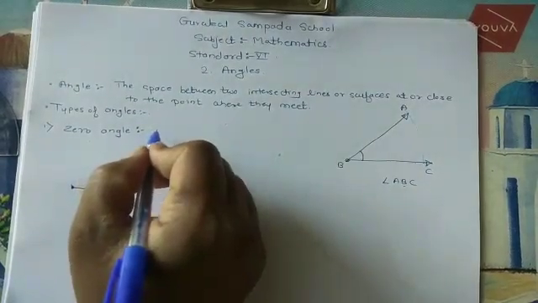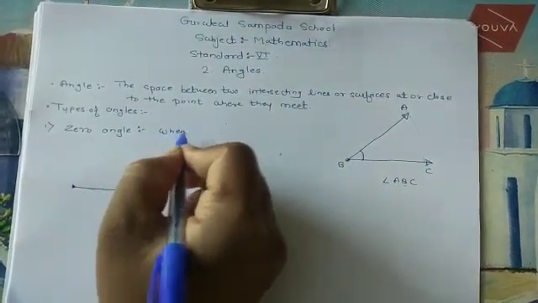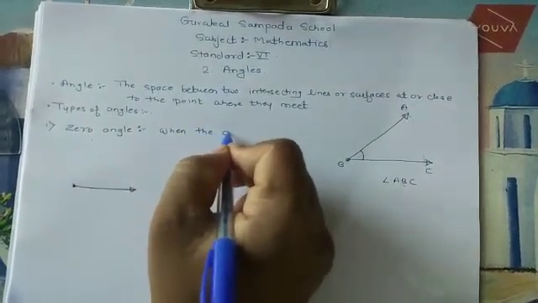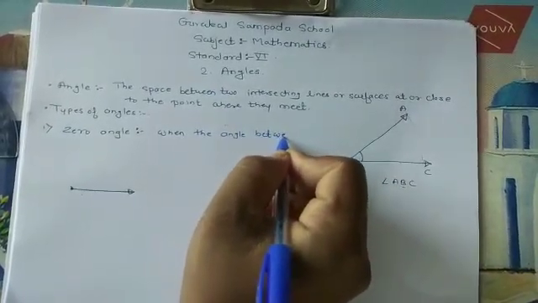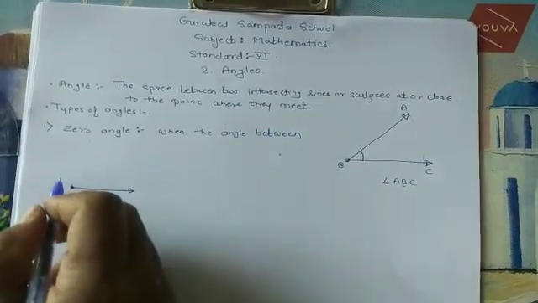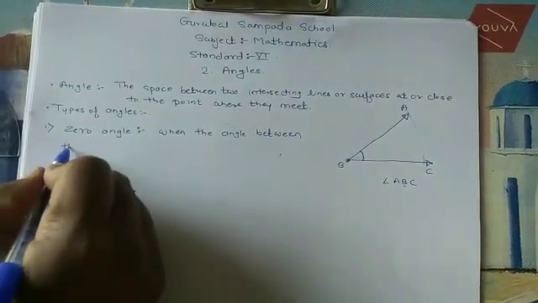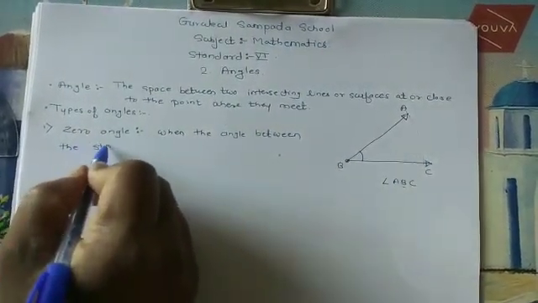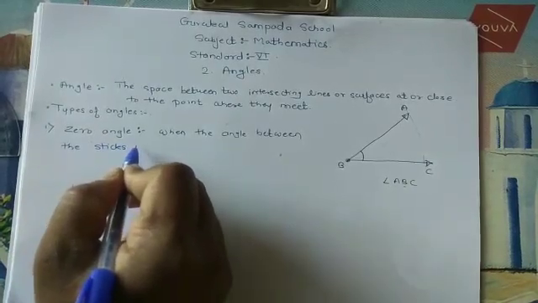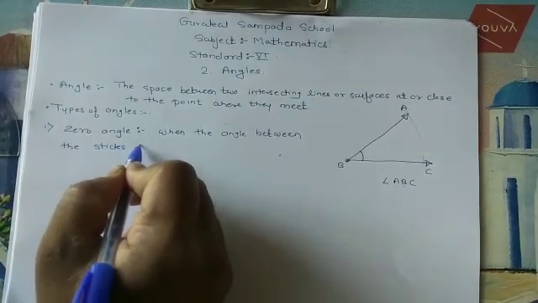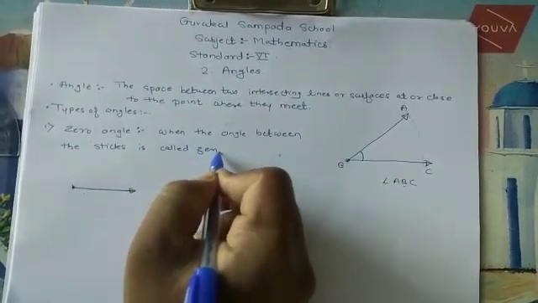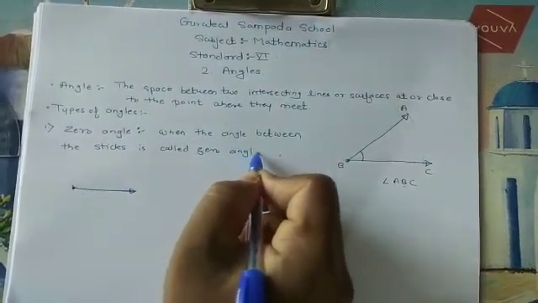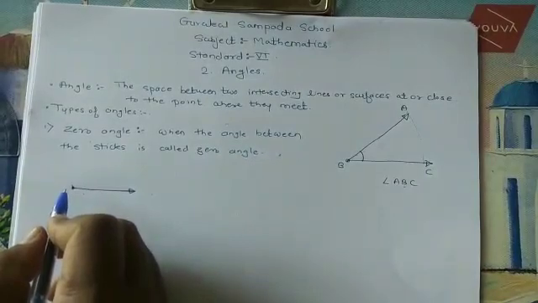Zero angle is when the angle between the sticks is zero, it is called zero angle. Okay, and what is the value of zero angle?